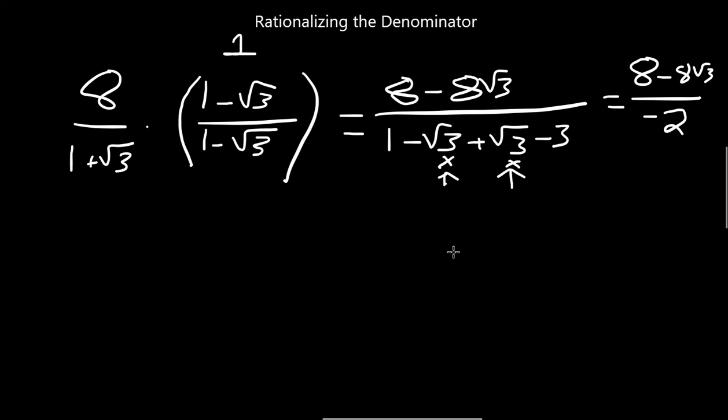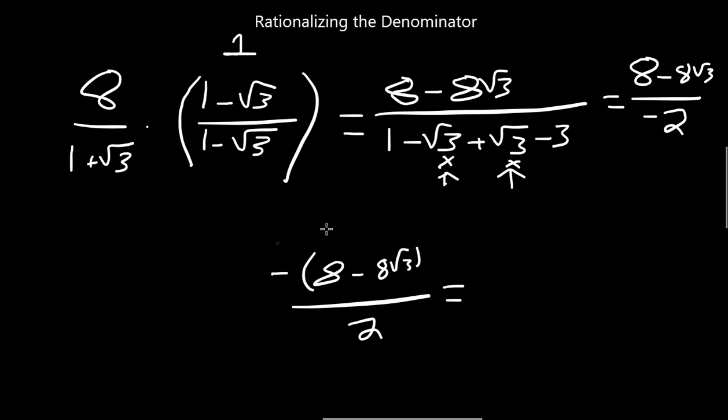And then I'm going to choose to move the negative sign to the numerator because I think it is more appropriate to have the negative sign in the numerator. It doesn't actually matter, but it's conventional. And then I'm going to distribute to get negative 8 plus 8 square root 3 over 2.